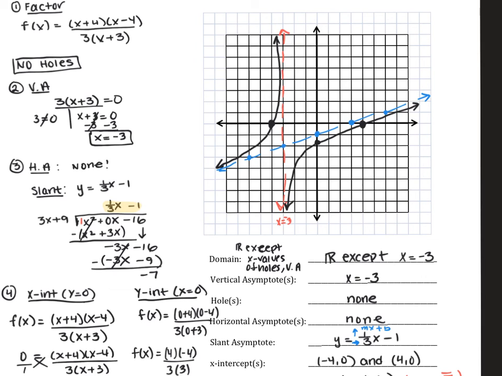So the last piece that we need is our range. So now remember, the range is similar to the domain. It's all real numbers except the y values of the hole and horizontal asymptotes. But I don't have any holes and I don't have any horizontal asymptotes. So all real numbers would be my range.